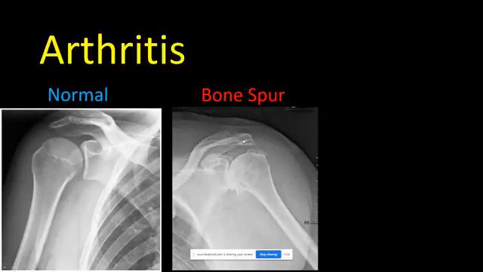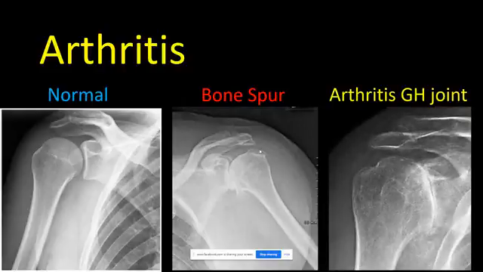You can see how that juts down towards that space where those rotator cuff tendons come through. So a bone spur is a common cause of rotator cuff tears, because that bone can be digging in and impinging on those tendons, and over time they can fray and tear.